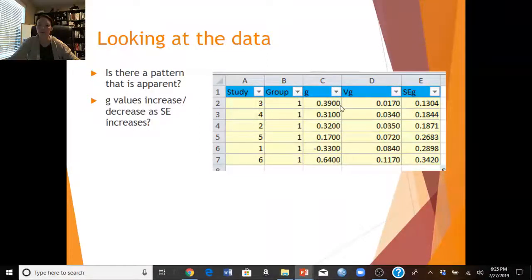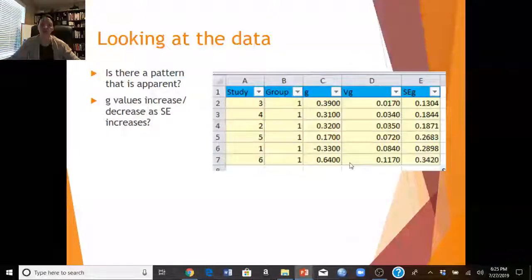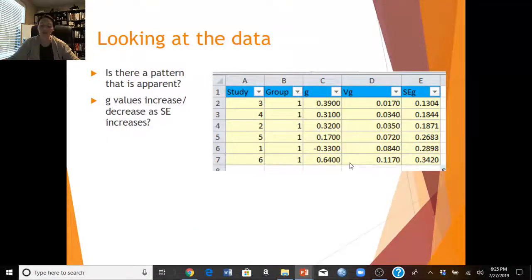We start at a 0.39, we drop down to a 0.31, we drop down even further to a 0.17, we drop way further down to a negative 0.33, and then we go way back up to a 0.64. So these don't follow any obvious pattern, and you'll also want to do that in CMA in the same manner.